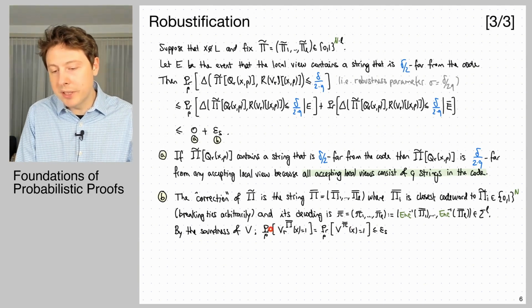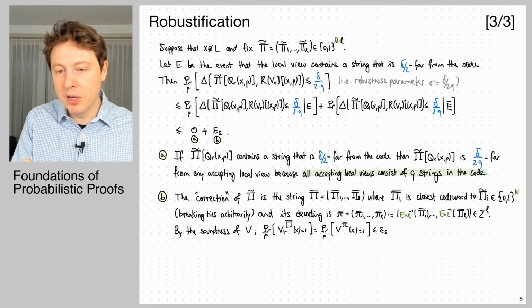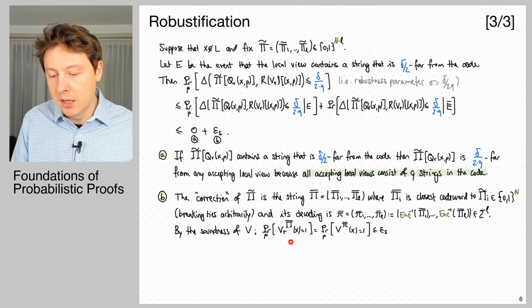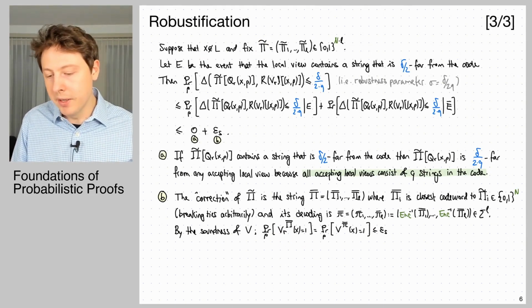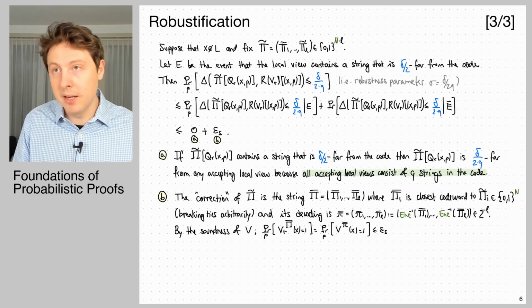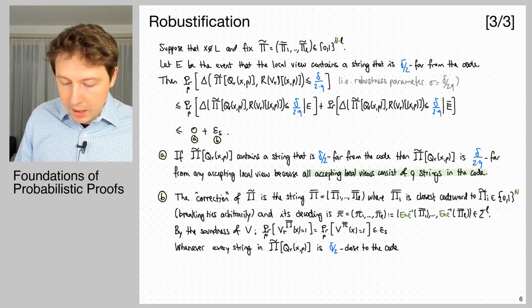But notice that this is not what actually happens. What I'm running is this verifier on the original, not the corrected one. But here I'm telling you that to the extent that you see the corrected one, you can't accept too often, even on the corrected symbols, because we are in the no case. Okay. All right.